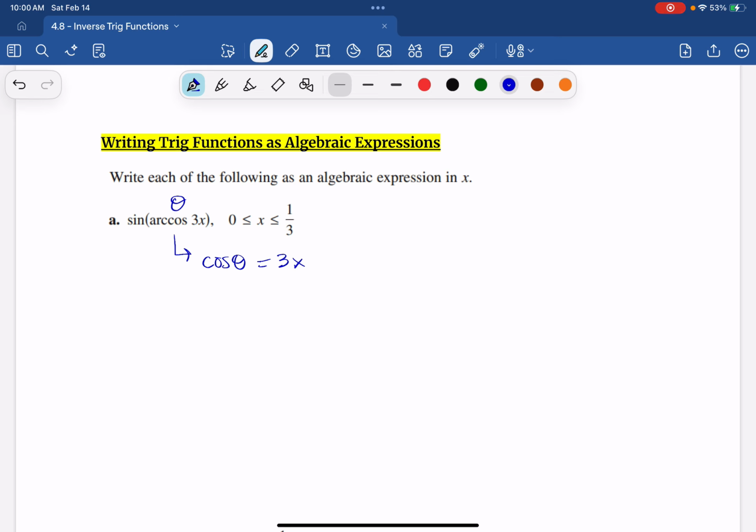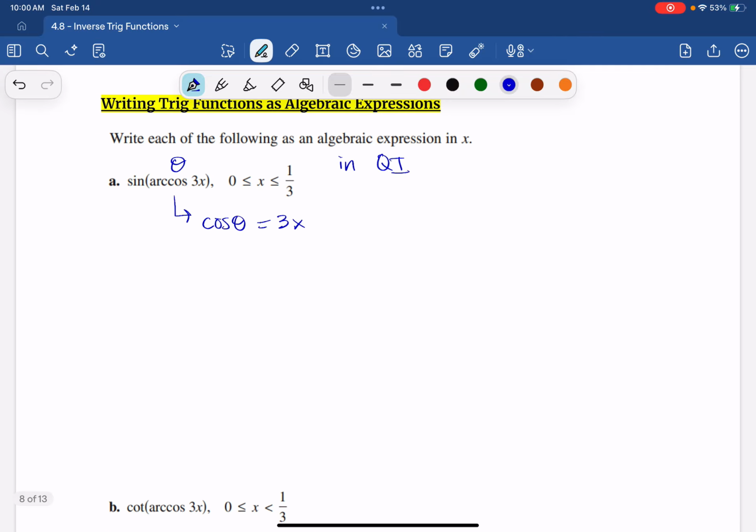All right. Now, since x is between 0 and 1/3, that means that we're going to stay in Q1. So just for simplicity, we're going to be in quadrant 1. All right. So I'm going to draw a triangle. Theta is in the corner.